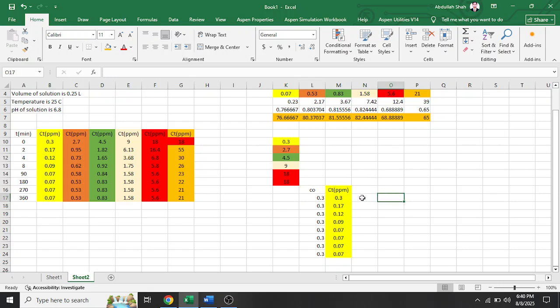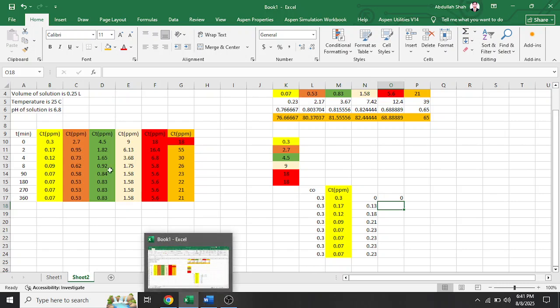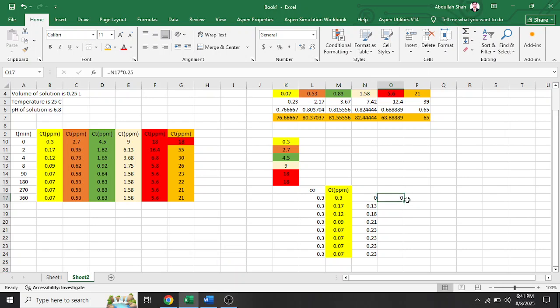So it is C naught minus Ct, multiplied by the volume, which is 0.25 liter.